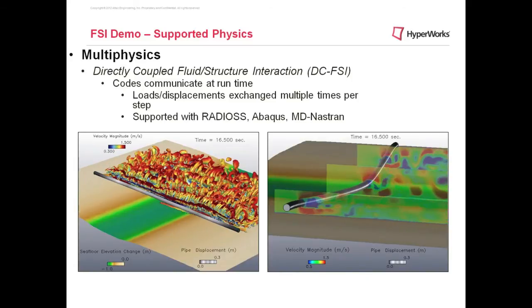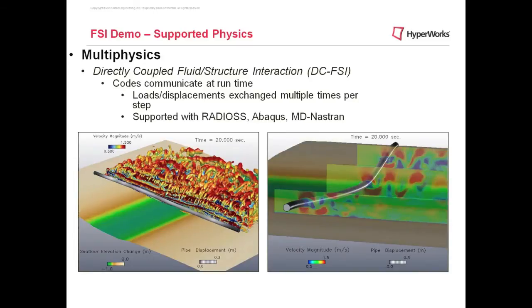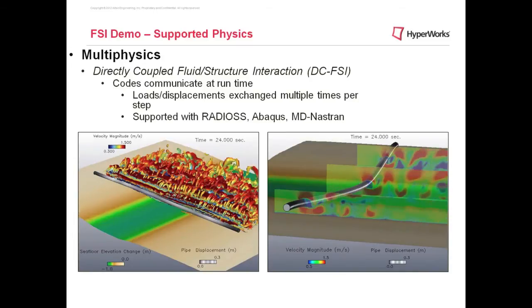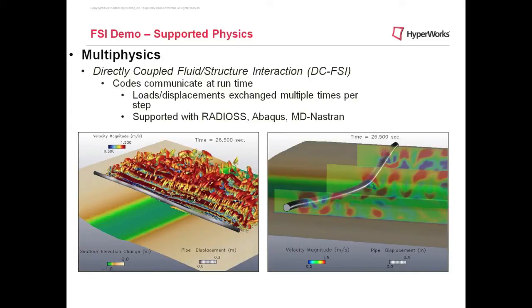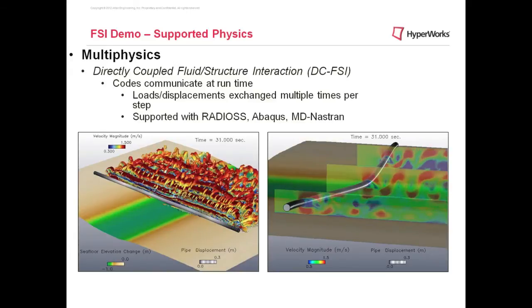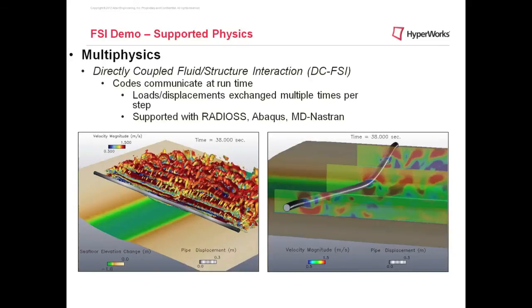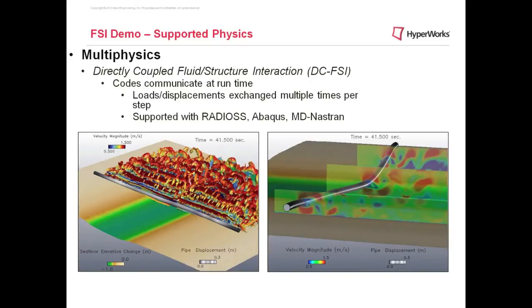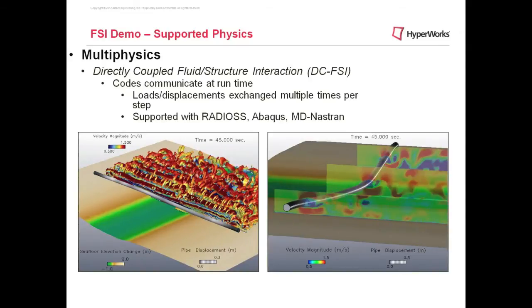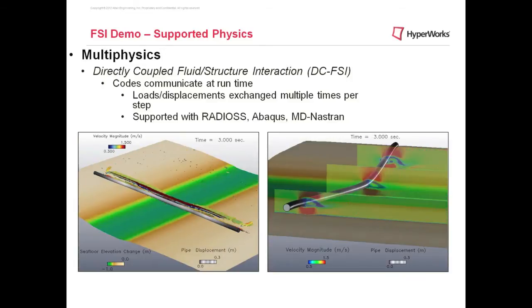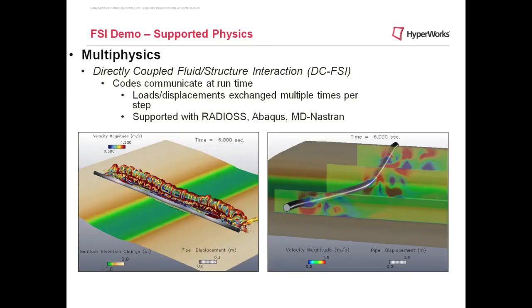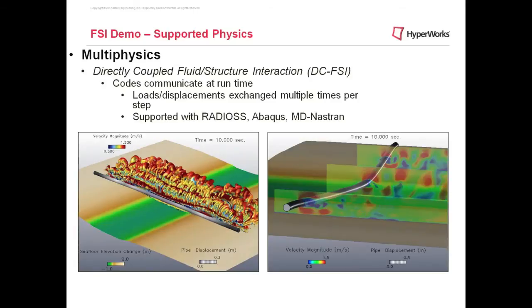Using DCFSI, the two codes, meaning the CFD code and the structural code, will actually communicate at runtime. So we're running two applications: AcuSolve and a structural solver. AcuSolve and Radios would both be running. They could be running on different machines, and they would be passing information back and forth to each other.